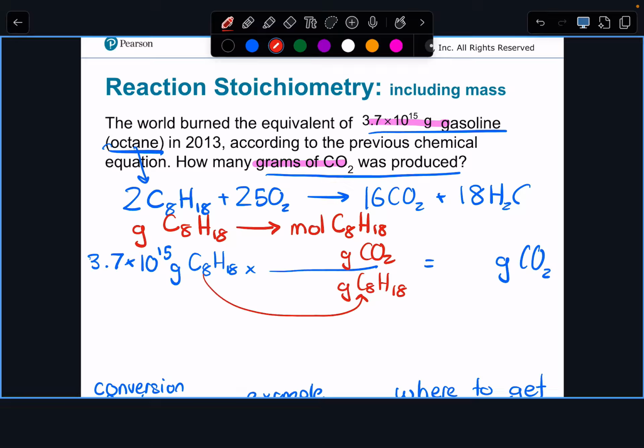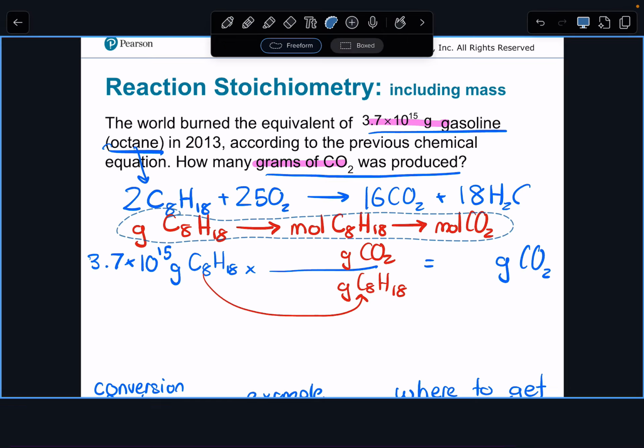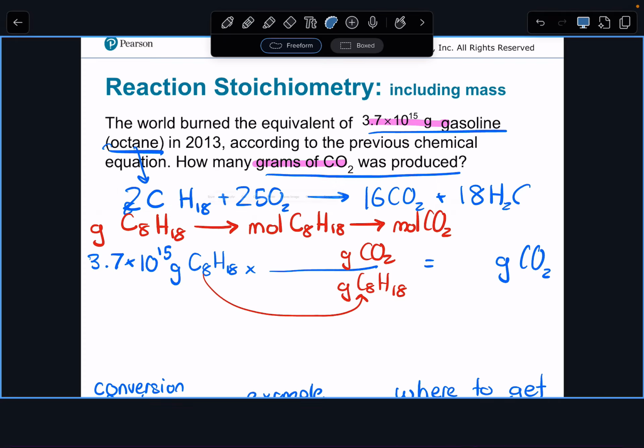The only way to get between two different compounds is a mole to mole conversion. So we need to first go to moles of CO2. Sorry, I'll fix that. I'm just trying to move this over and give myself some more space. Then we can go to grams of CO2.